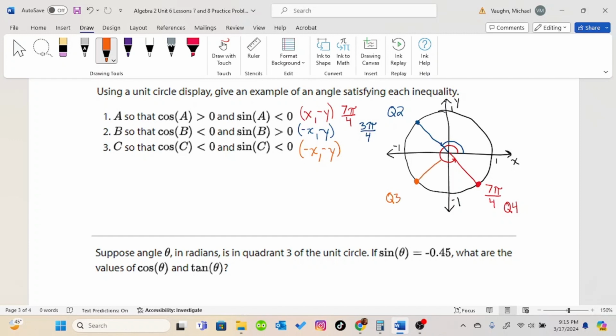We can draw this angle. 4/4 would take us halfway, so this would be 5/4 pi.